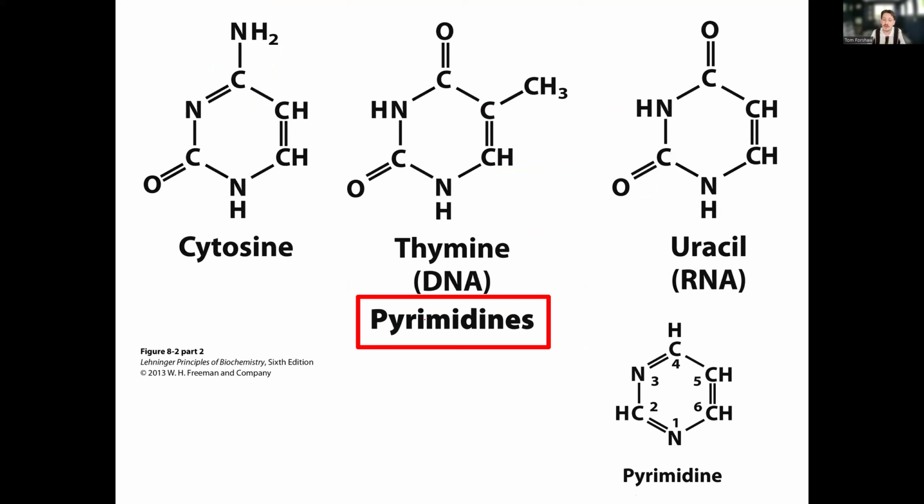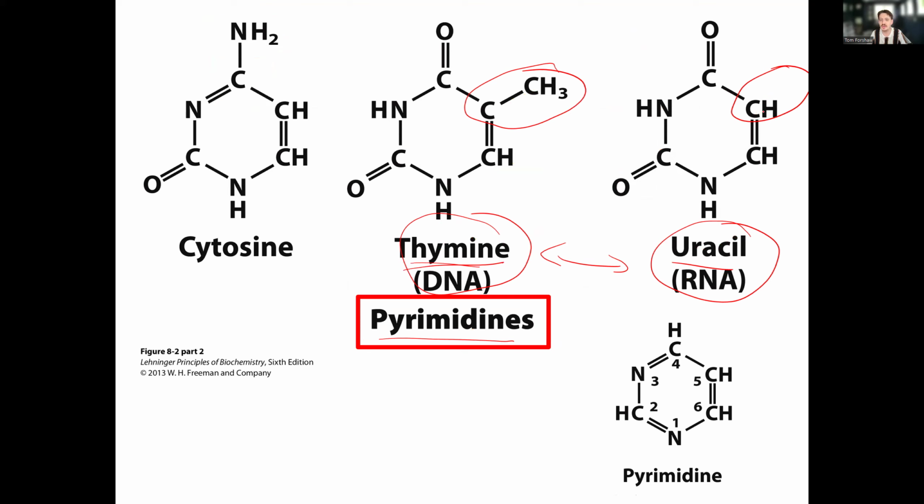The pyrimidines, there are 3 of them, because in DNA you have thymine, and in RNA you have uracil, and they're swapped depending on which nucleic acid you have. There's not much difference between thymine and uracil. The difference is that at position 5, you have this methyl group. If it's present, then it's thymine. If it's not present, then it's uracil.